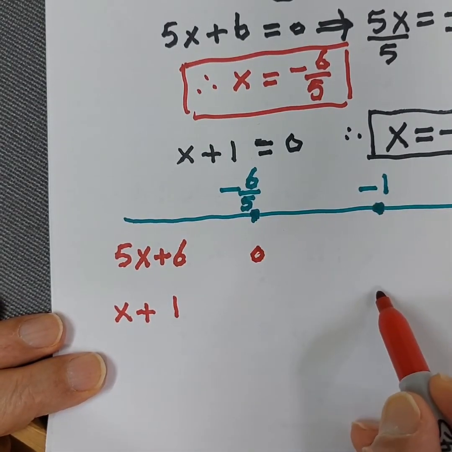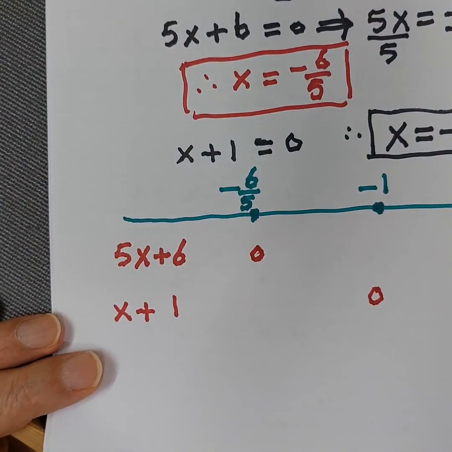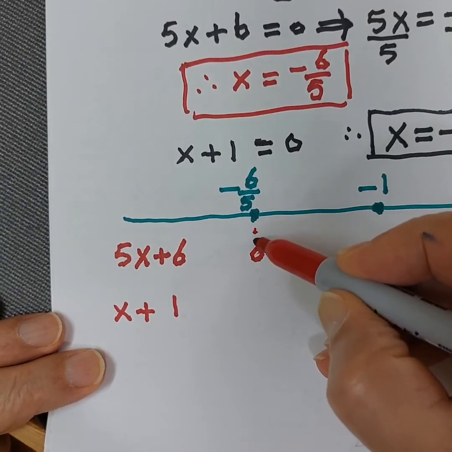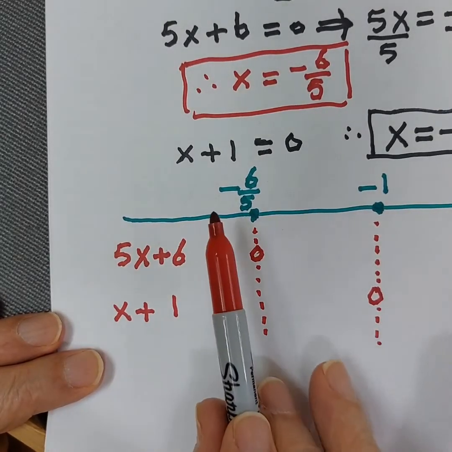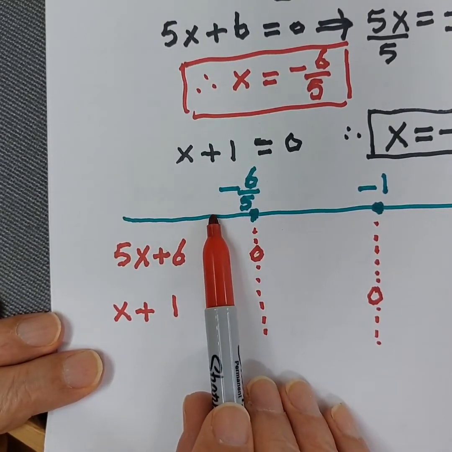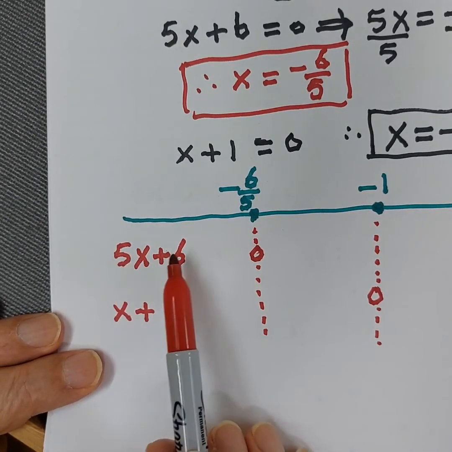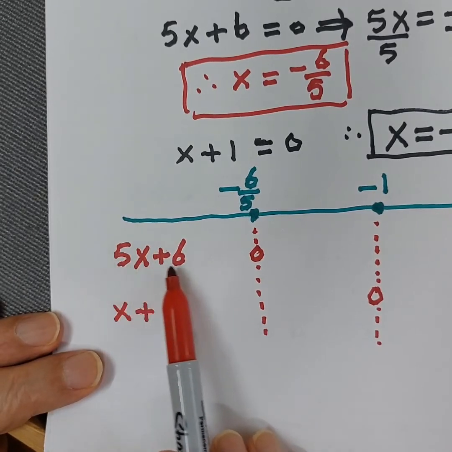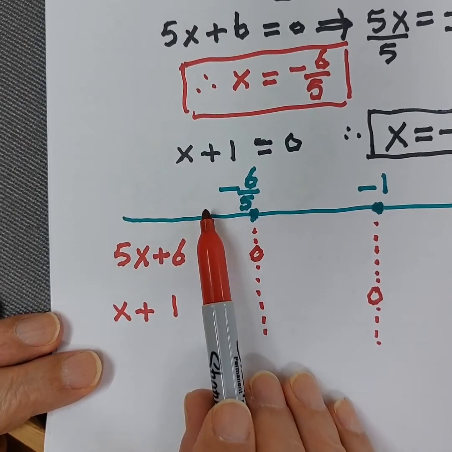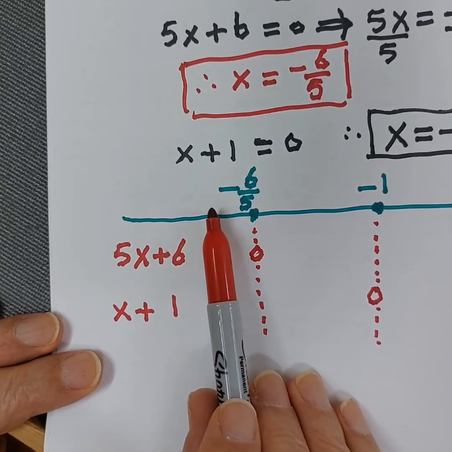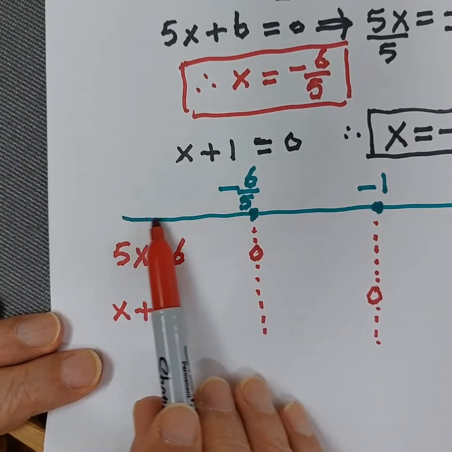So under minus 1, we will put 0 in front of this factor. Take any number before this number, I mean in this interval, and make a substitution here. Will the value be negative or positive? Let us try. Take -2, or -3 or -4, any number less than this number to be in this interval.